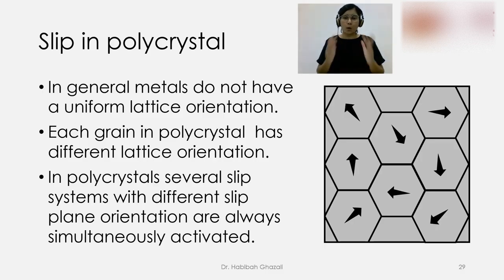That is why we classify polycrystalline materials as isotropic materials, because the properties in each direction we will assume are all going to be the same, because of the different orientations of these grains.